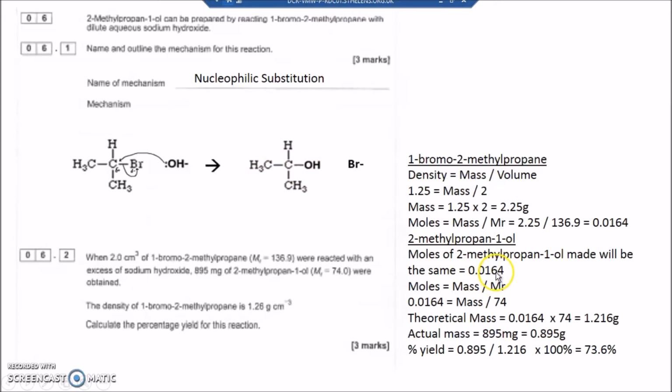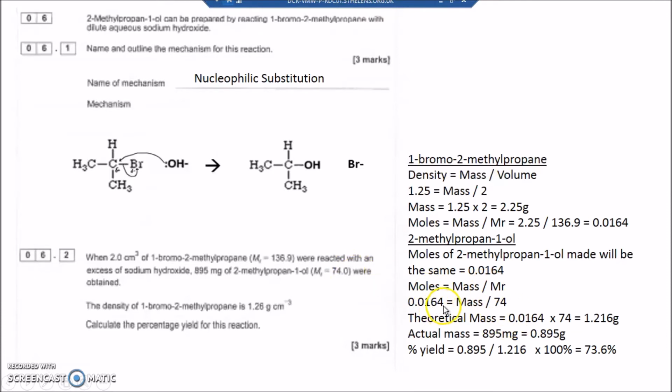What other information have I got about the 2-methyl propan-1-ol? I've got its MR. I could work out the mass theoretically, not using any value I obtained yet. I could work out theoretically how much I should make. I know that I should make 0.0164 moles. Moles is mass divided by MR. I've got the MR as 74.